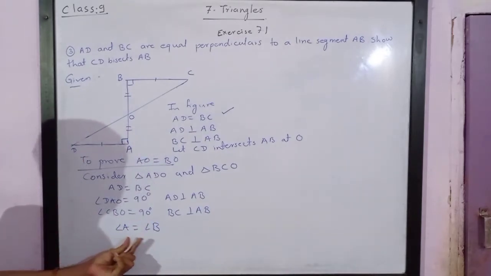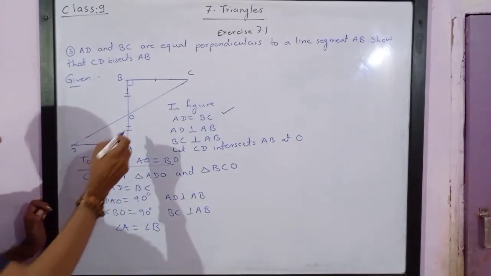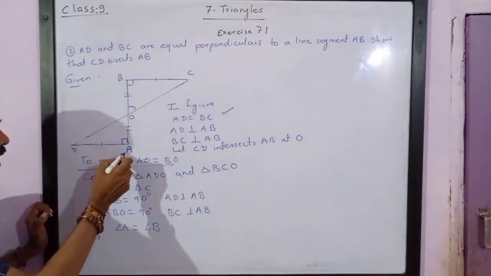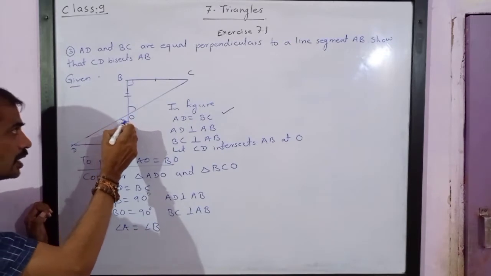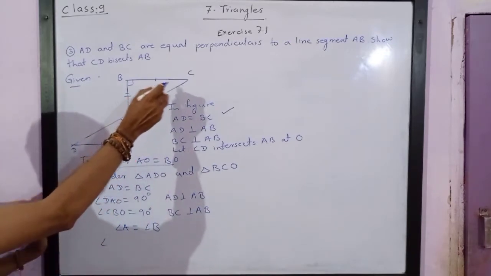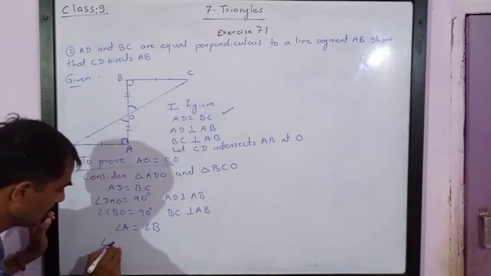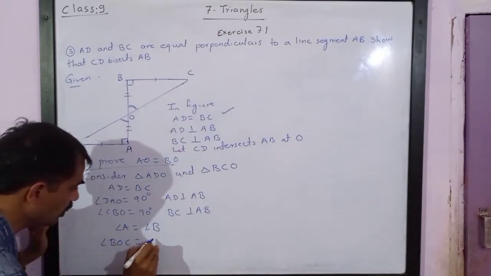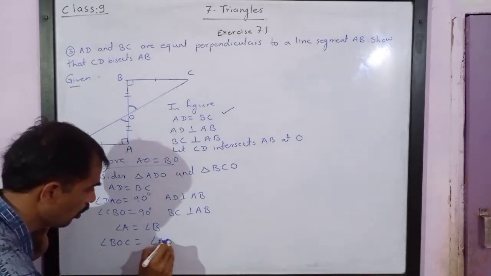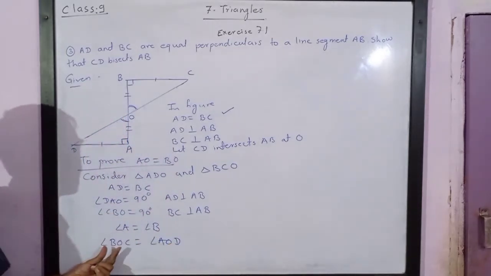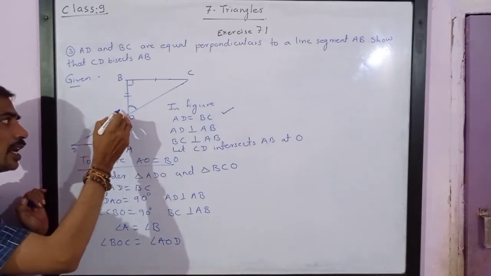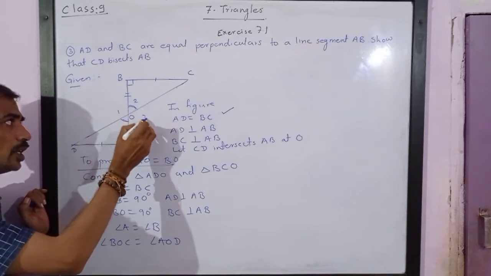Now we have got angle A is equal to angle B. Watch carefully. Angle BOC is equal to angle AOD. Reason: they are vertically opposite angles. Please note, here I have to use a 3-letter name for the angle because there are actually 4 angles: 1, 2, 3, 4.